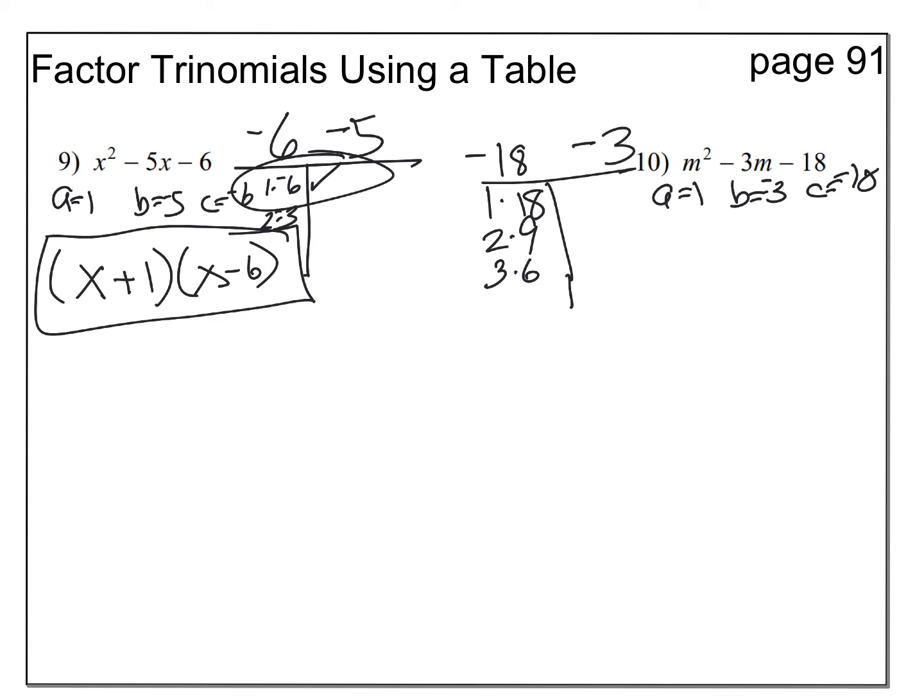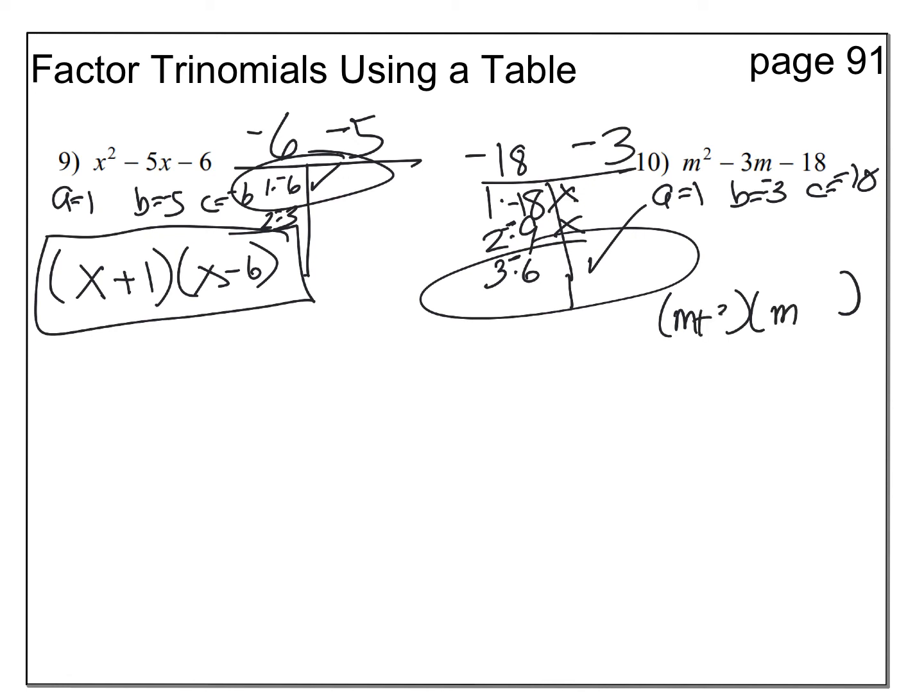That's it. And I want a negative product, so the bigger number is going to be negative. When I add them together, this gives me negative 17, this gives me negative 7, and this is it, negative 3. So my m squared minus 3m minus 18 will factor into m plus 3 and m minus 6. That is the answer I'm wanting.